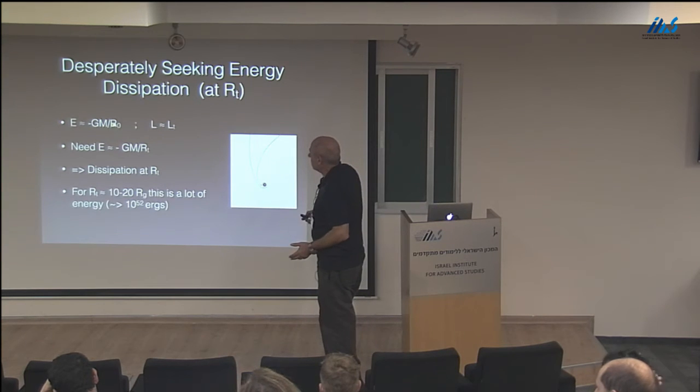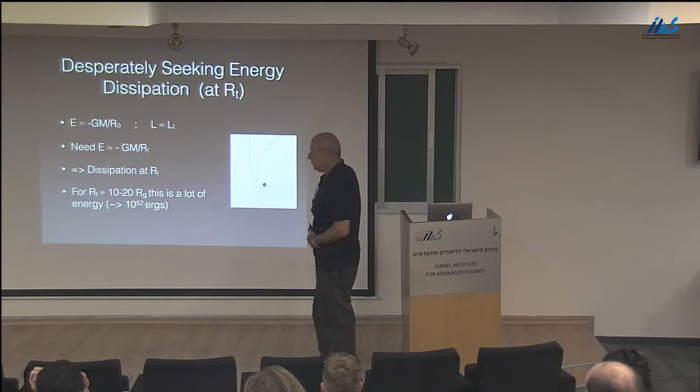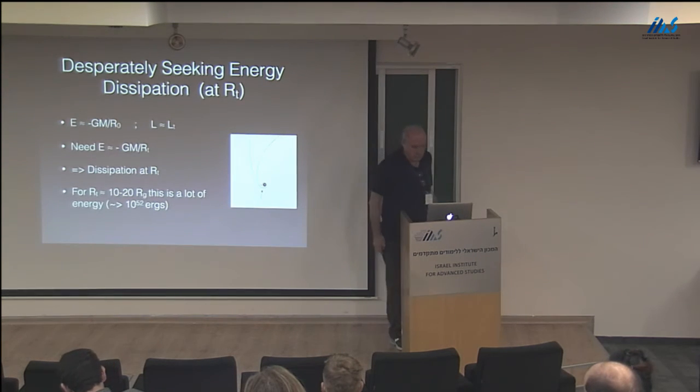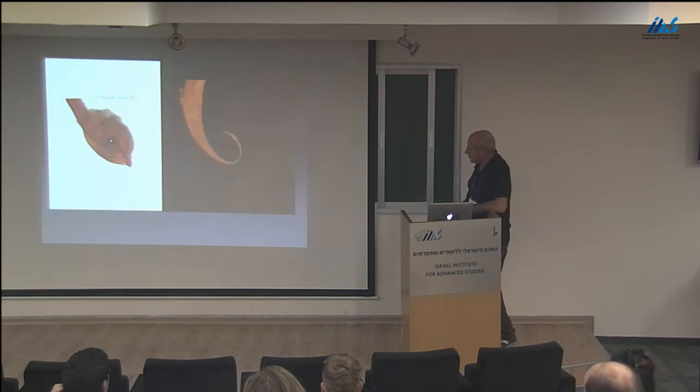This is 1,000, this is 20, so this is practically negligible. You have to dissipate all this energy, and this is about 10^52 ergs. This is already too much, because we don't see this much energy, so we need a strong shock here, and the strong shock should dissipate a lot of energy.